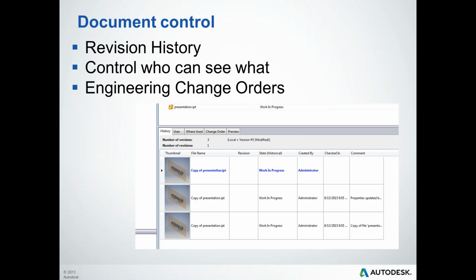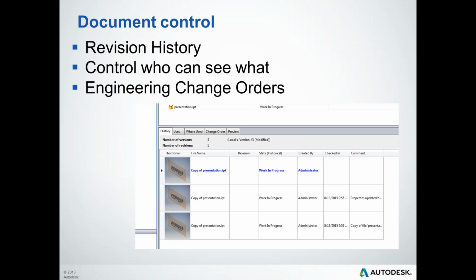You don't want your machinist to have access to all the files. You only want them to have access to the file when they need it, basically, for like an NC file or setup sheets. So what we're going to look at later on is, through the thin client of Autodesk Vault, how we're able to control that.